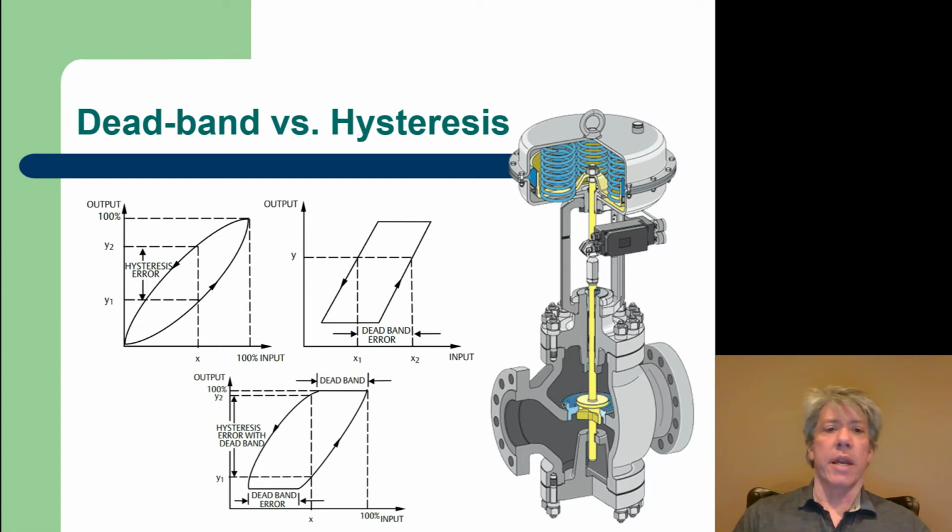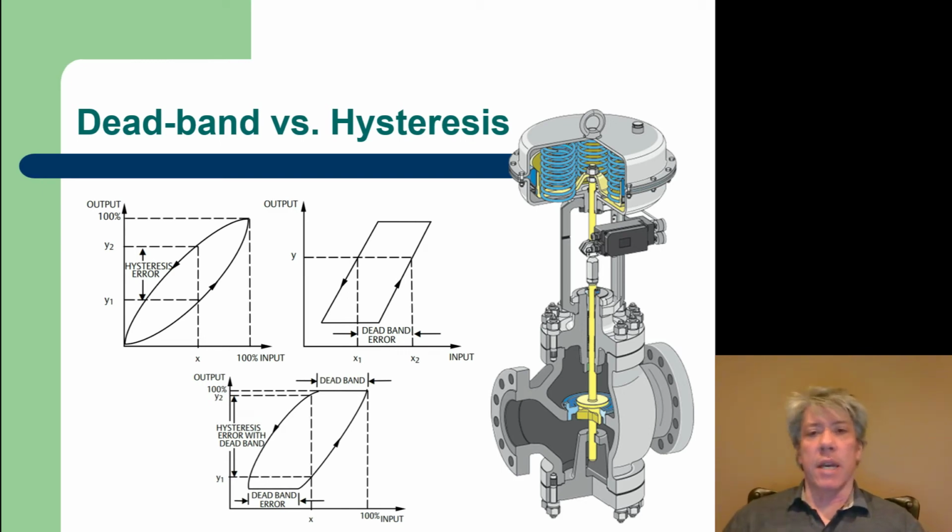Hysteresis, on the other hand, has more to do with a particular input giving two different outputs depending on which direction you're going. Now, of course, deadband looks that way too, but hysteresis has more to do with things bending and not recovering fully, or a difference in output, a measurement on the y-axis of output, not so much a dead band for input.